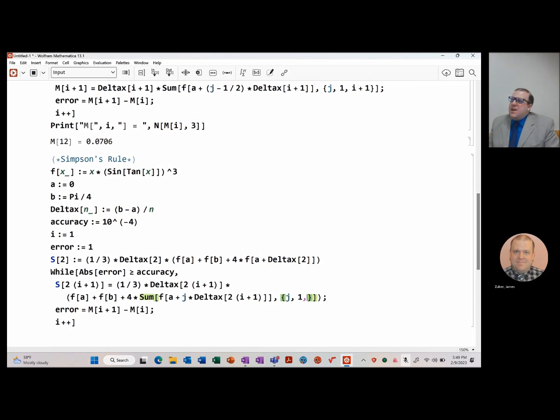We want to go to n minus 1, where n is even. Well, our n is what? It's 2 times I plus 1, right? So 2 times I plus 1 minus 1.